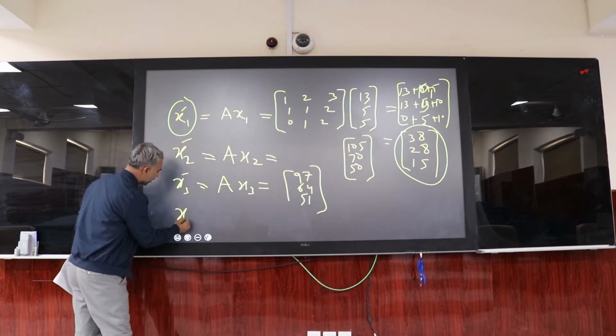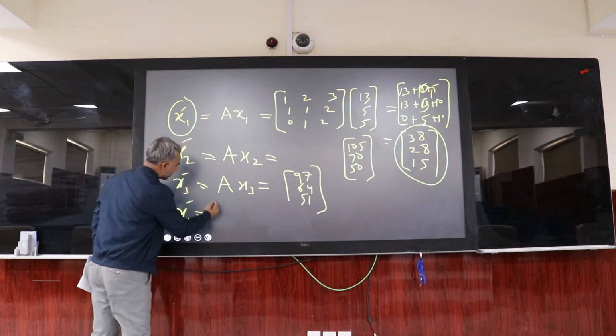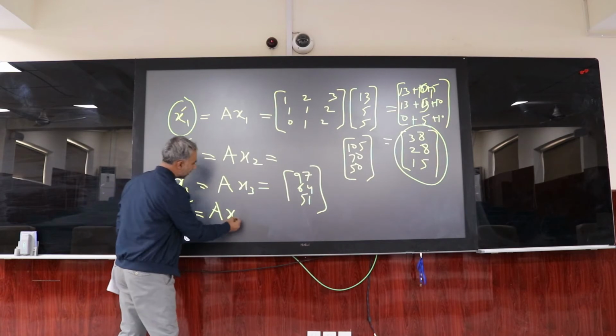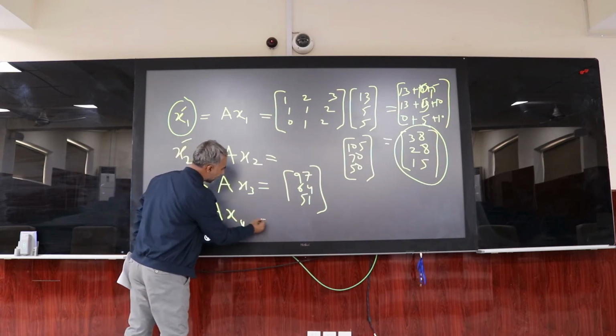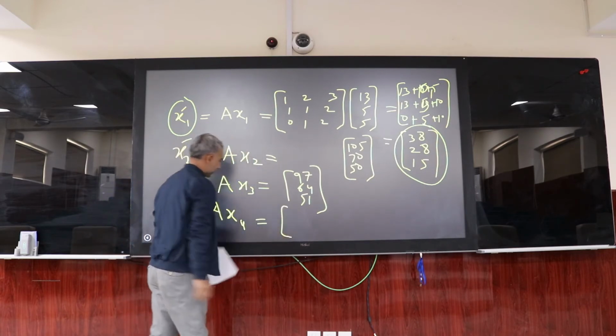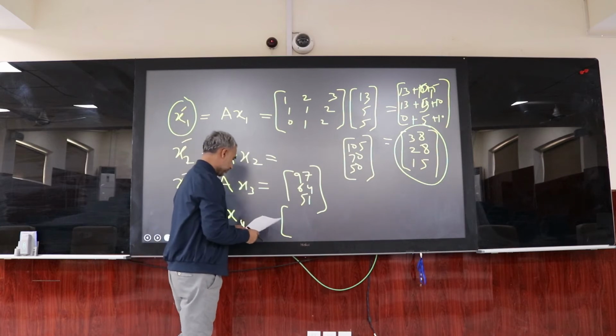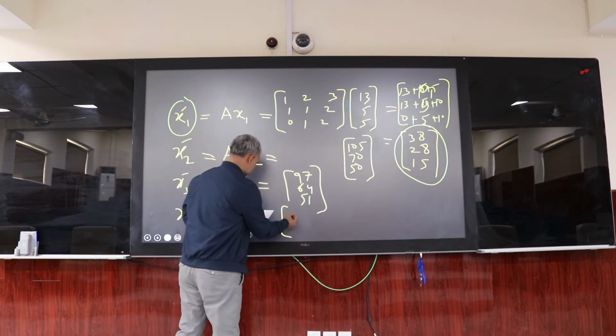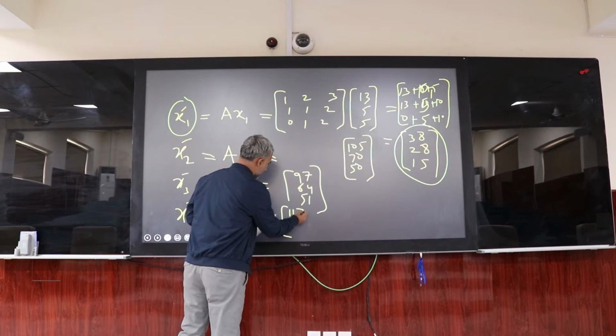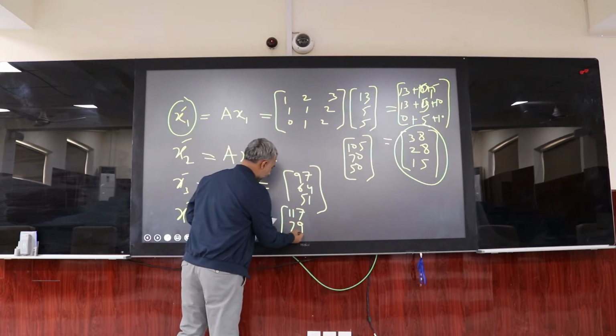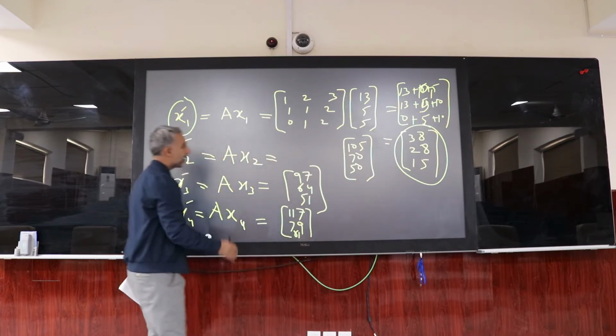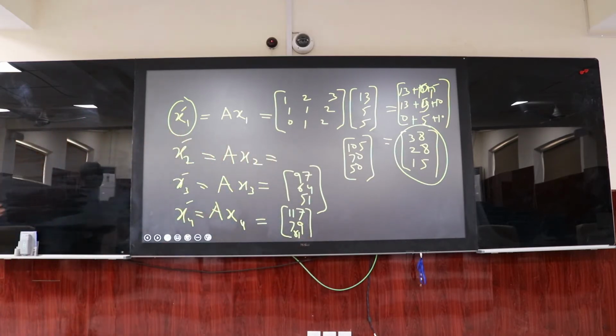Similarly, x4 prime will be achieved by multiplying with original x4, and you will get 179 and 61. These are your encrypted coded messages.